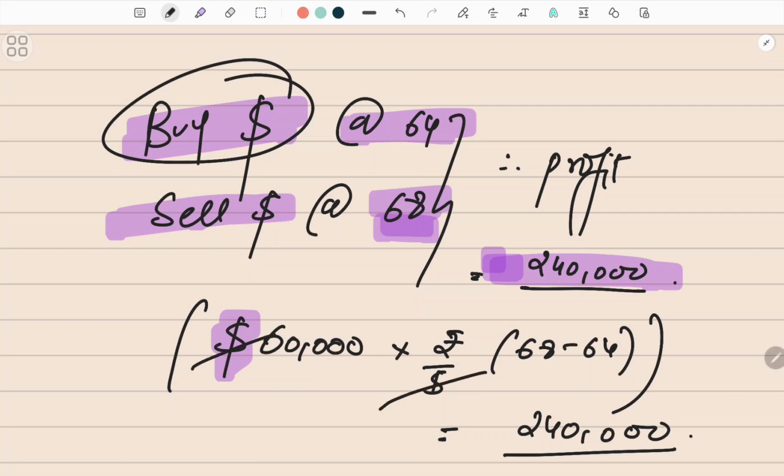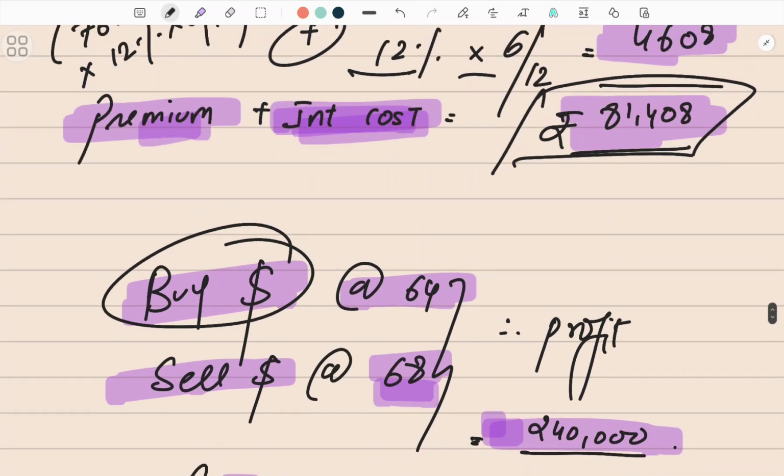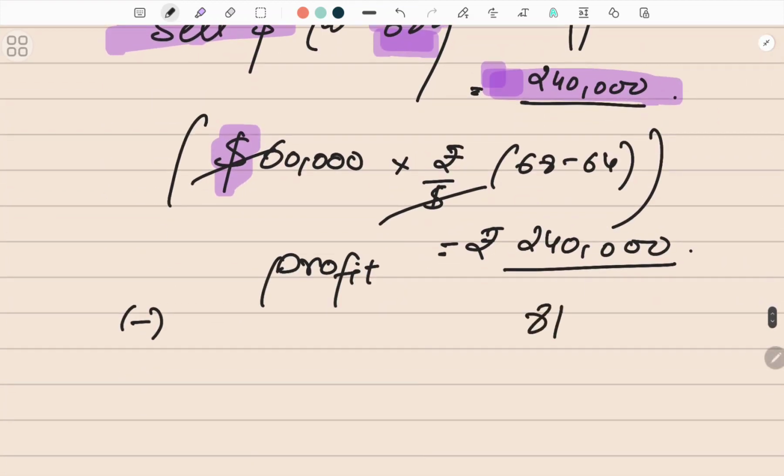This is also in rupees. This is your profit. But is this your inflow? No, because there was an outflow that we already calculated, which was the premium amount plus the interest. Premium plus the cost to get the funds for the premium. So that was 81,408.